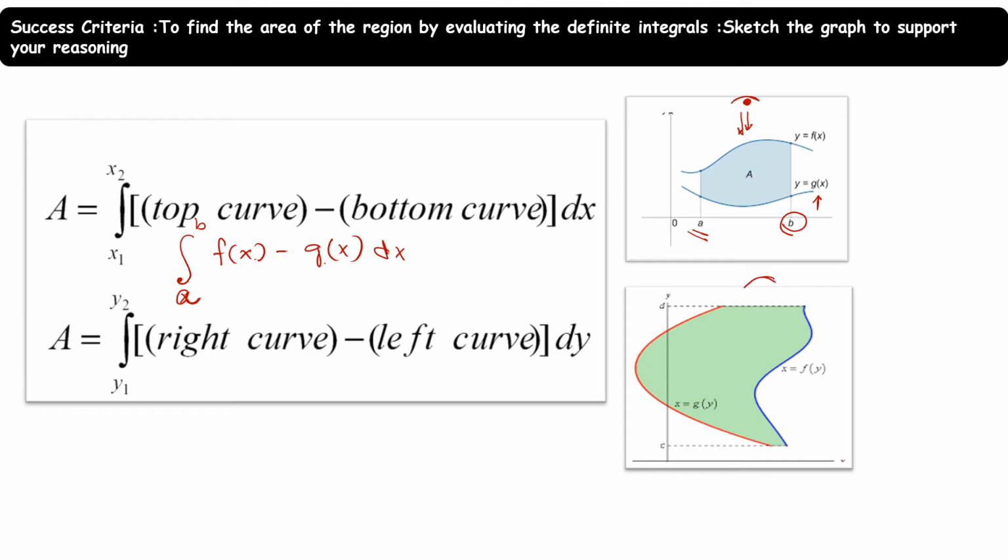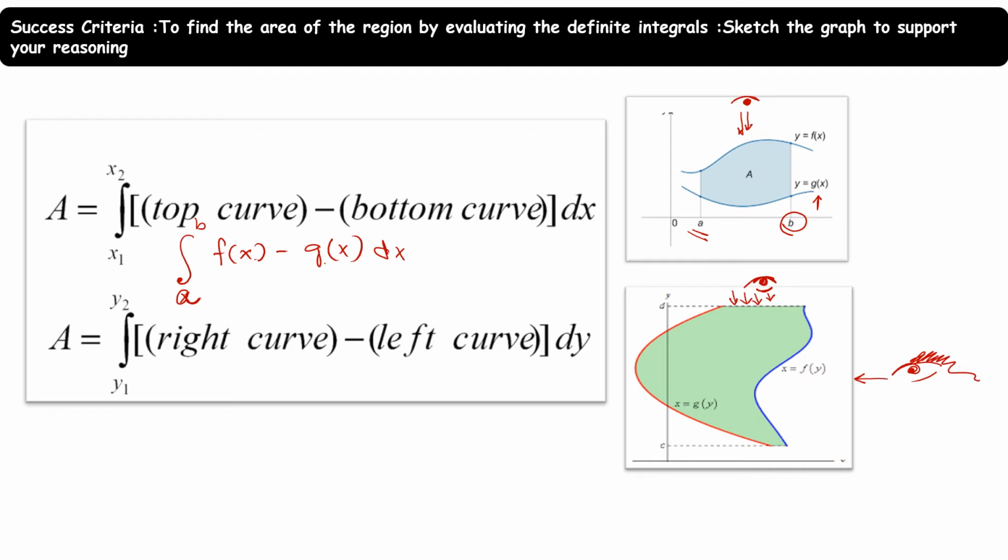Now look at the second curve. If you keep your eye over here, can you recognize which curve is on the top and which is at the bottom? Of course not. So for that purpose, you will keep your eye on the right hand side. Now focus.